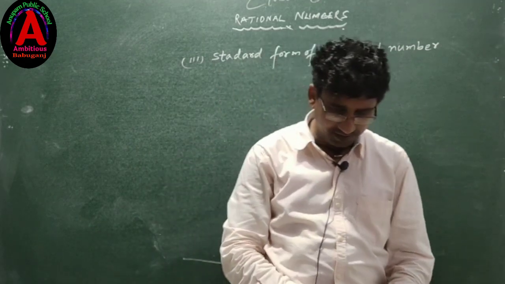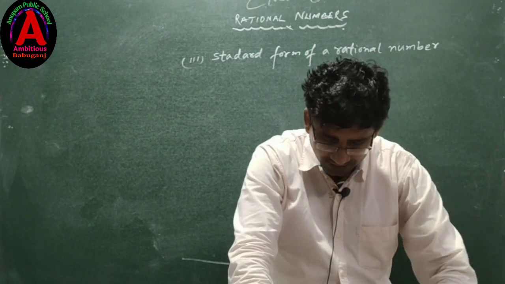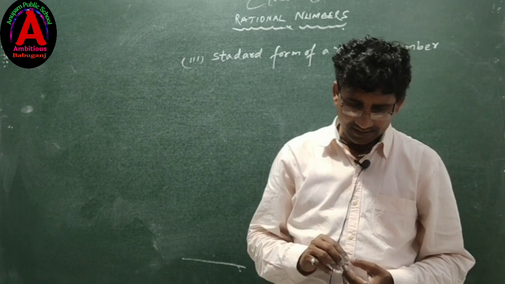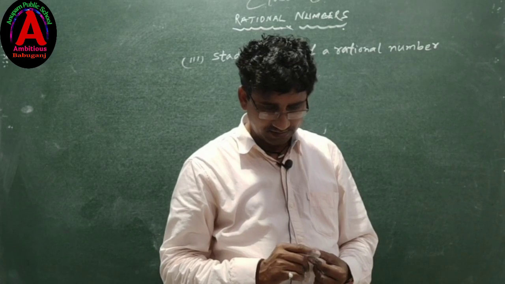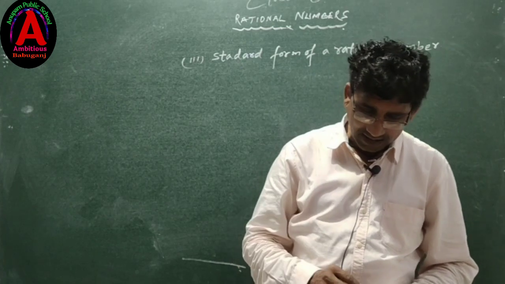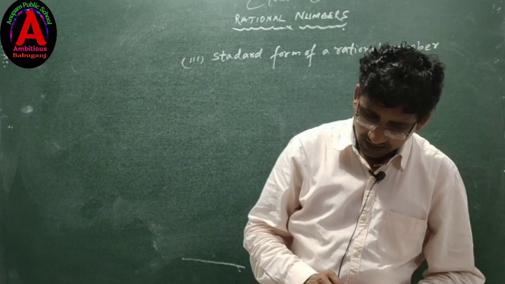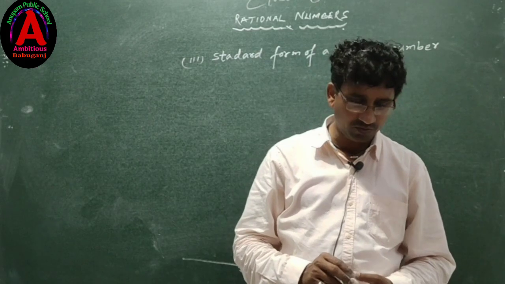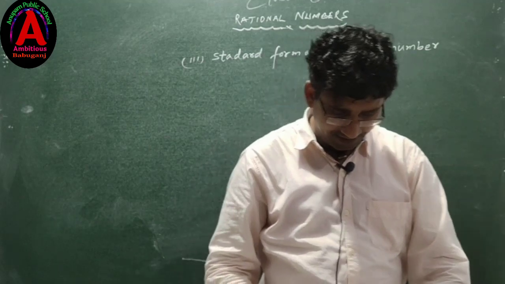A rational number a upon b is said to be in standard form if a and b are integers having no common divisor other than 1 and b is positive.